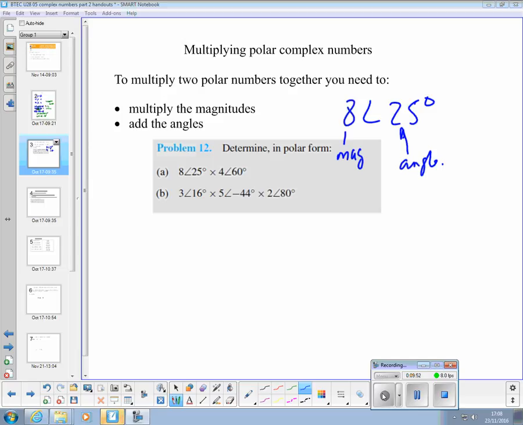So the problem we're going to look at is multiplying together 8 angle 25 degrees by 4 angle 60 degrees. How do you think that we might do that?